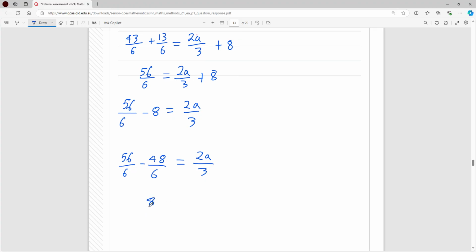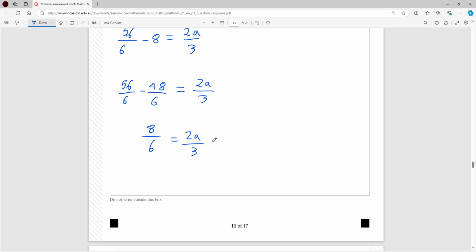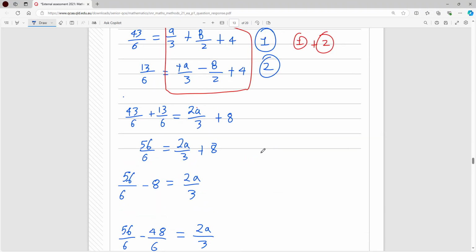So we have 8 on 6 equals 2a on 3, okay? Times both sides by 3 and times that side by 6. So if I times that side by 3, that's going to give you 24, and if I times that by 6, that's going to give you 12. Then divide by 12, a equals 2. All right, let's see if that was correct. Yeah, it is. All right, cool.